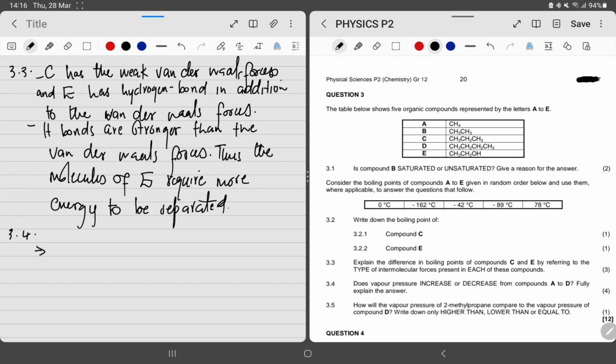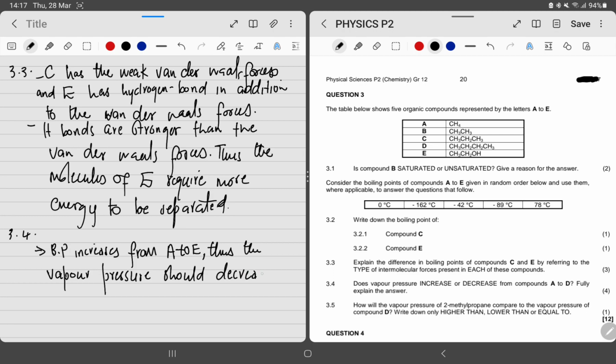So the first thing we are going to say, the boiling point increases from A to E. So this means that thus the vapor pressure should decrease.